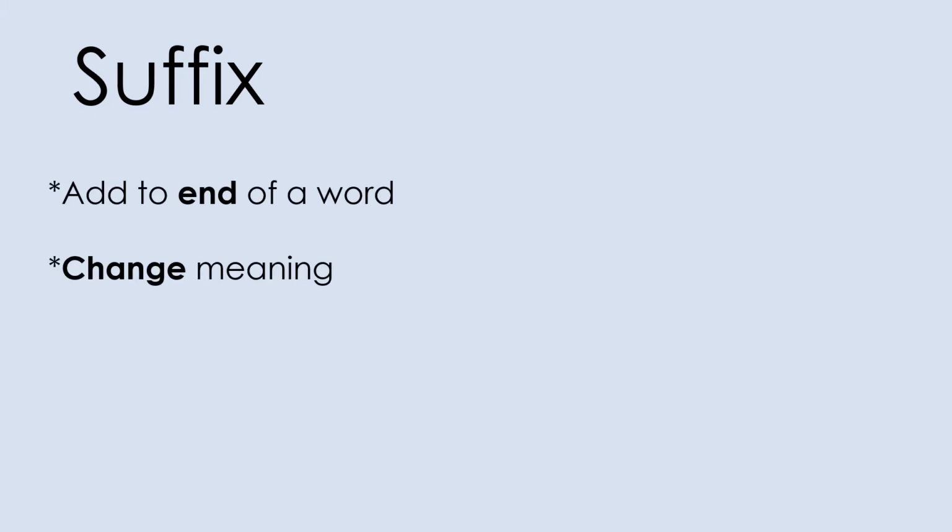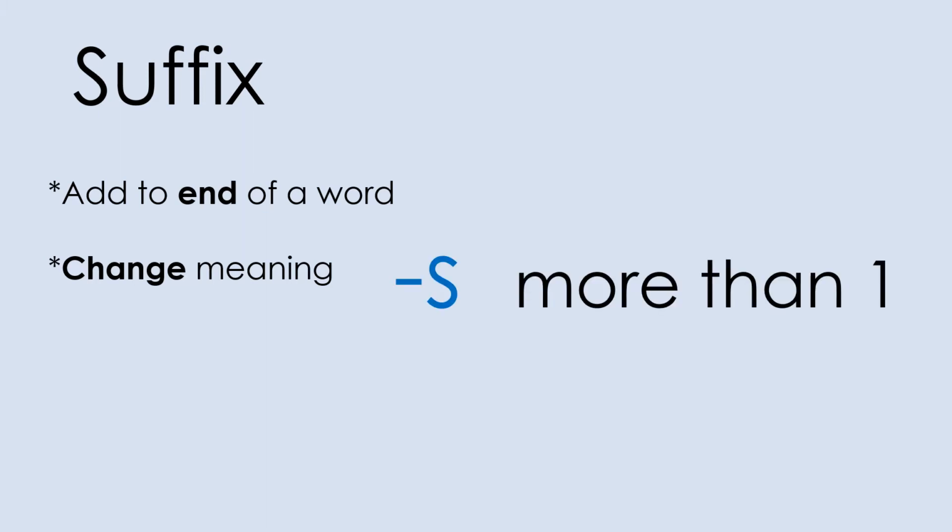Now, let's take a moment to think about suffixes. Wait, what is a suffix? A suffix is letters that are added to the end of a word, and they change the meaning of the word a little bit. One suffix we use a lot is the letter S. When I add the letter S to the end of a word, it means there is more than one.